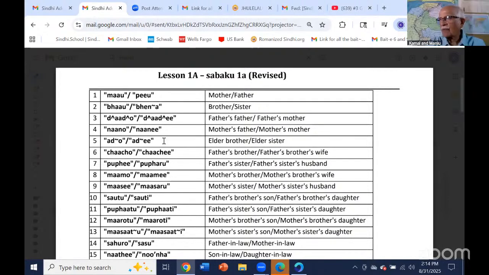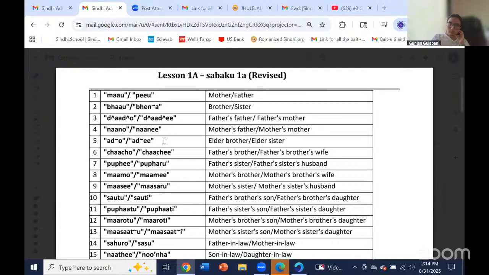I know of a lady here, she's turning 100 years old, and she told me that she was one of the 14 children in the family. And she was number 11.